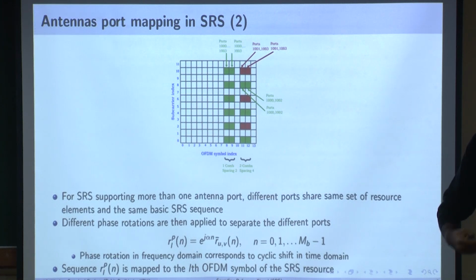Let's say each user has to do multi-port SRS transmission. That's what this class is covering. What we are saying here is that on the same comb, you multiplex multi-port SRS transmission. And how is this multiplexing done? This is done by generating a suitable length Zadoff-Chu sequence, and this sequence has certain properties.